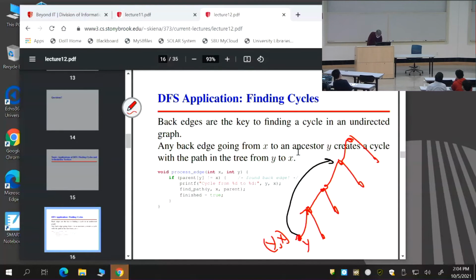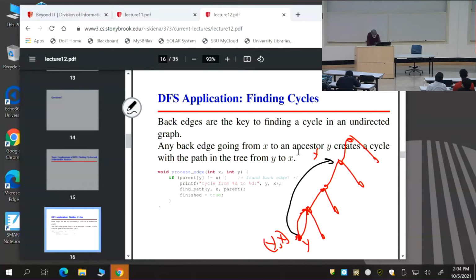This is y, this is x. How can we find a cycle in the graph? If we know that the edge is a back edge, meaning it didn't discover a new vertex, then it's going to an ancestor. I could start at node y and walk up to my ancestor.